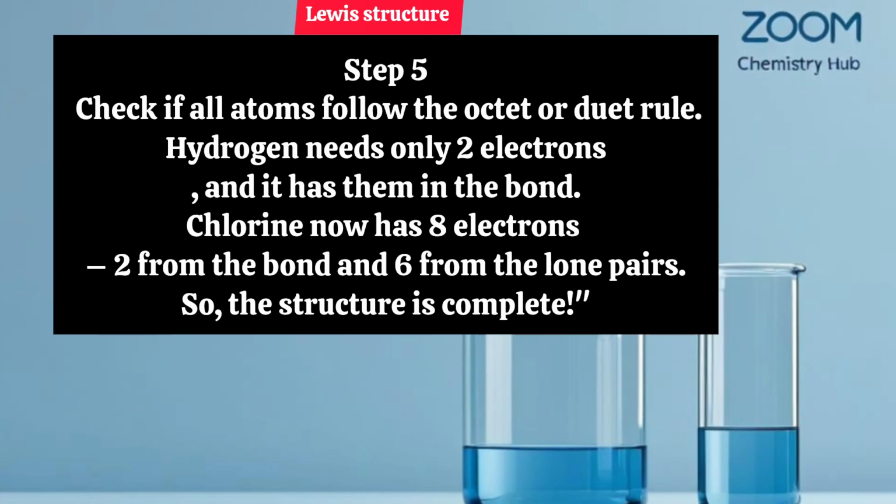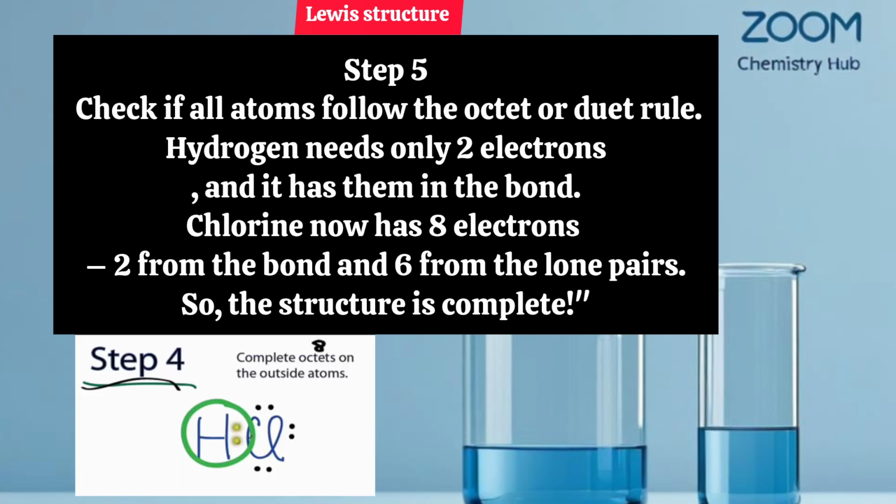Now we will check the octet of the atoms. So in the last step, we check that all the atoms follow the octet or duet rule, in the case of hydrogen.